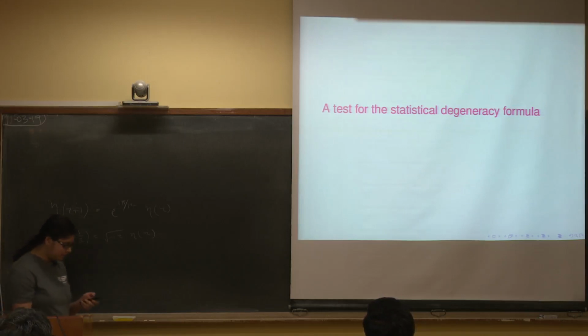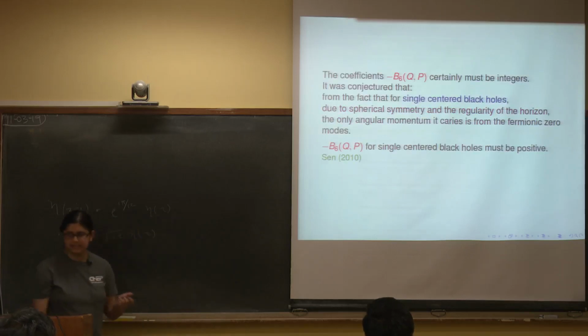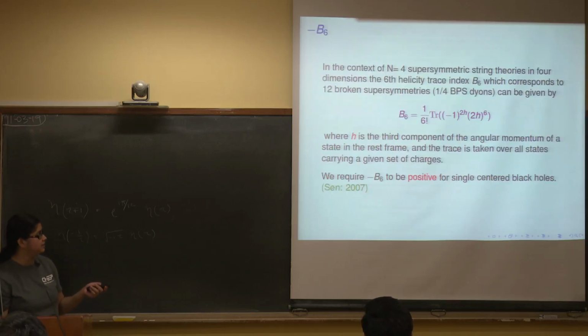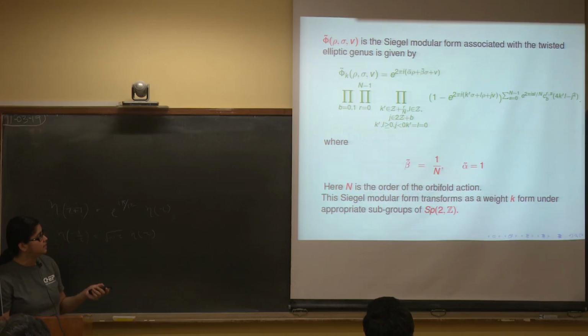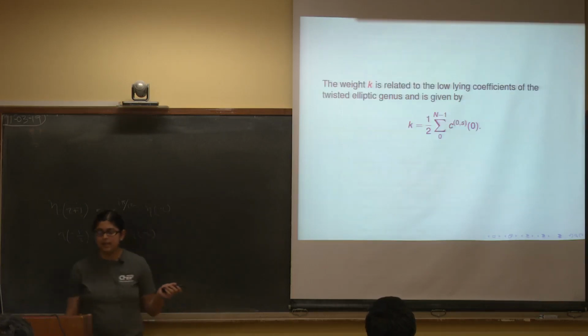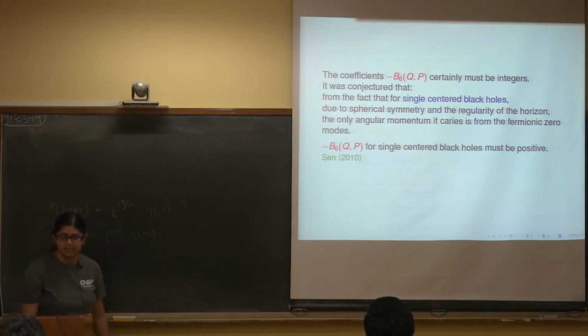Now let us move on to the tests for this degeneracy formula. The first thing is that this minus B6 should be integers, and that certainly is as long as your C_RS are integers. So if the Fourier transform of this expression, the C_RS with this phase, are integers, then you have it guaranteed to be integral.